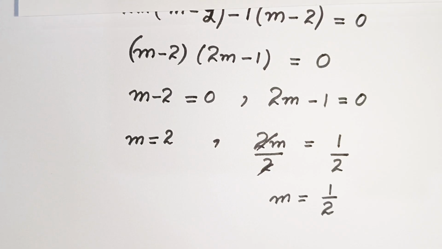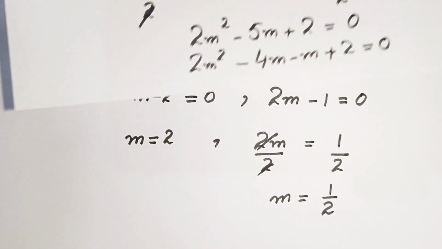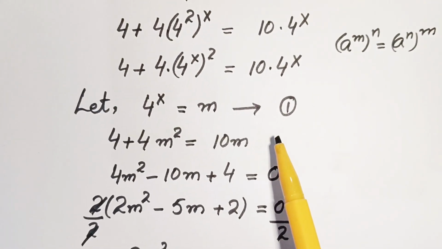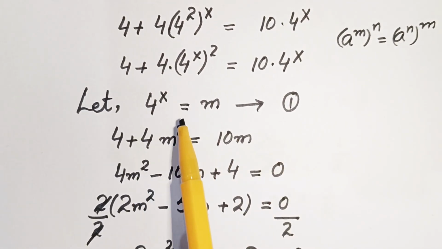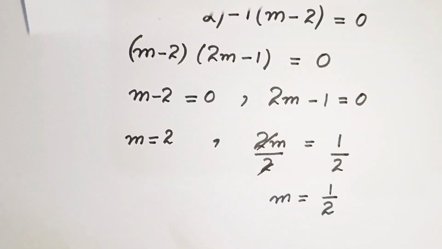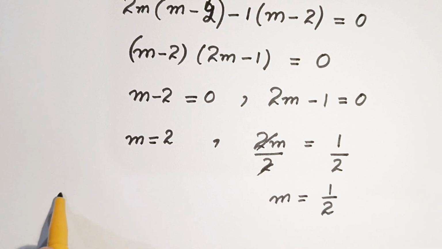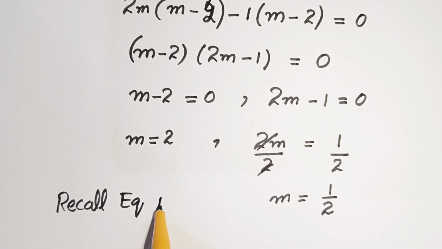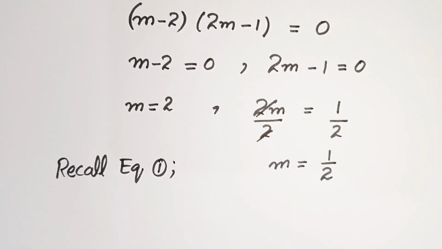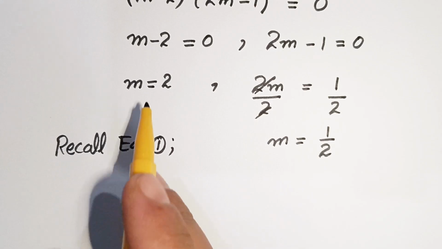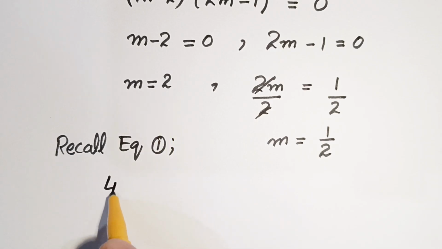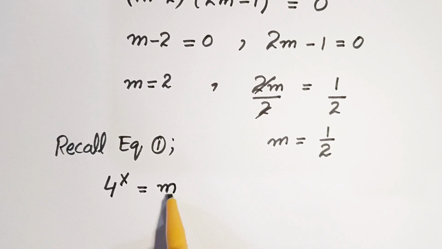Now we have to find the value of x. For this purpose, we recall our problem, that is, we recall equation 1: 4 to the power x is equal to m.